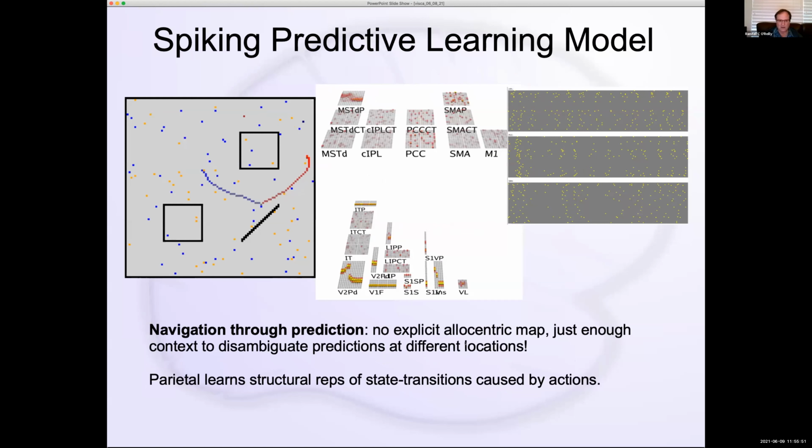So the key idea to summarize is that you don't need an allocentric map of the world, as many models hypothesize, to do navigation. All you need to be able to do is predict what's going to happen next. And so the map, so to speak, is really in effect the ability to predict what's going to happen next.